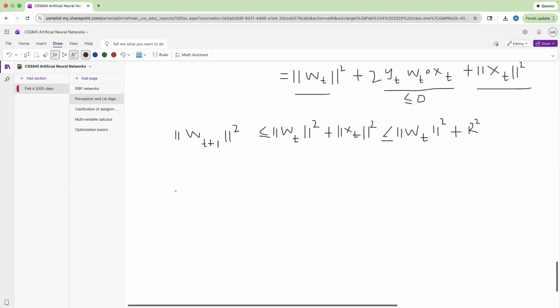Okay? So now we can actually do the same trick again. We start with W0. The first time we make a weight change, ||W1||² is less than or equal to ||W0||² plus R², right? This is the first mistake, one mistake we made.